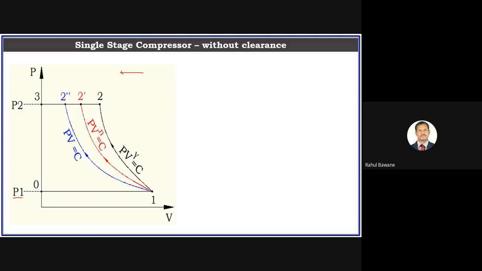That means compression takes place and pressure will rise in the entrapped air. So pressure will rise continuously till it reaches the delivery pressure. P2 is the delivery pressure. That means the piston moves from BDC towards TDC. Meanwhile, somewhere it reaches delivery pressure.